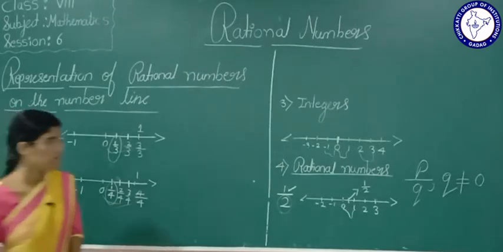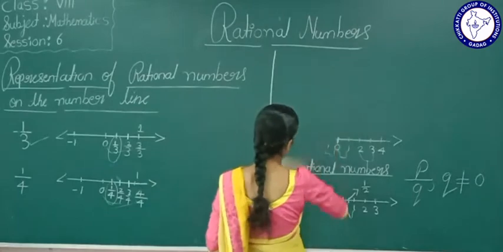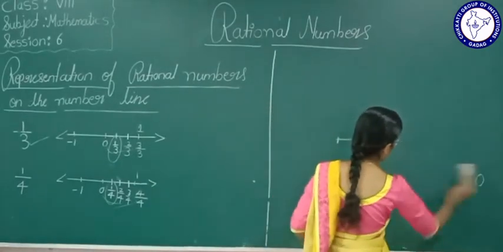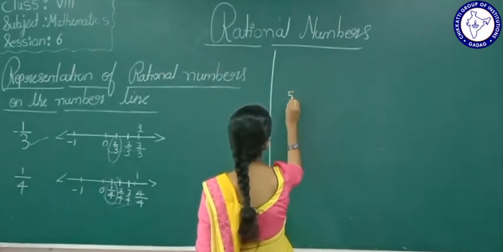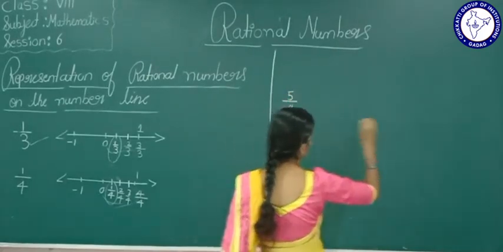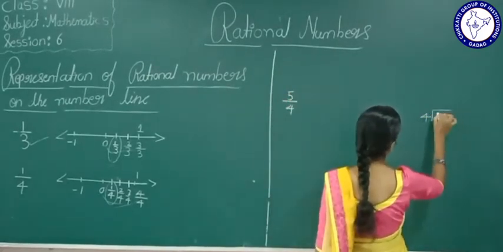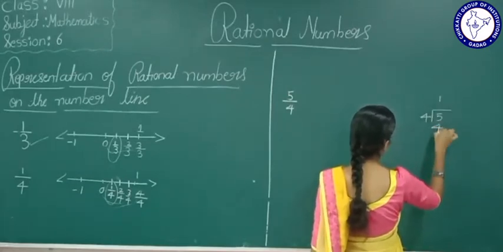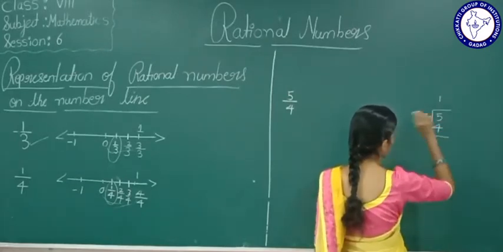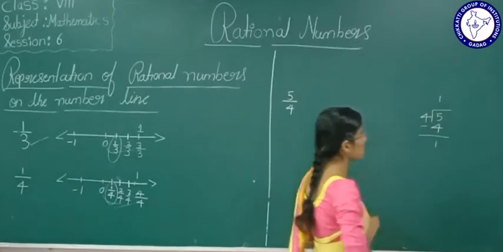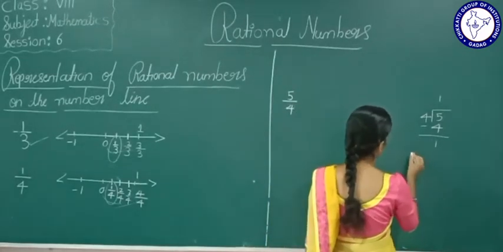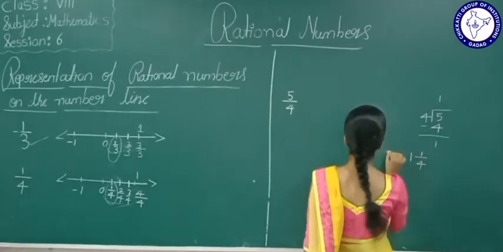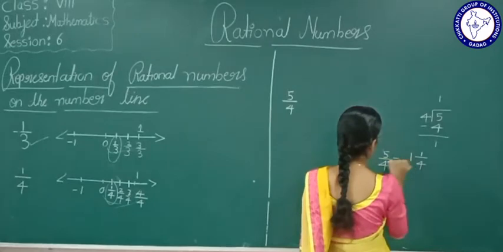Okay. So next we will see one more rational number, 5 by 4. Now how to represent 5 by 4? Say where will 5 by 4 lie? 4 ones are there, so 1 will come. We will write it as a mixed fraction. 1, 1 by 4. What is the mixed fraction of 5 by 4?